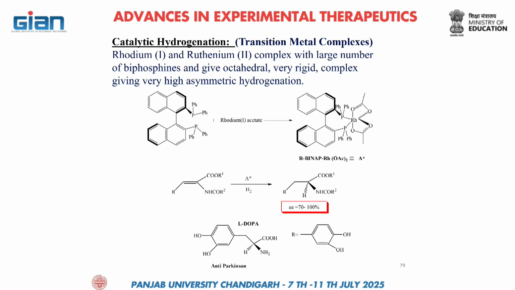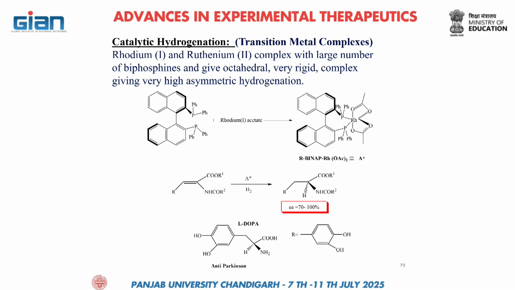And I have shown you one very important compound. If you see, that is your L-DOPA. This is a drug which is used for anti-Parkinson disease. Can you see in this chiral center what is required?